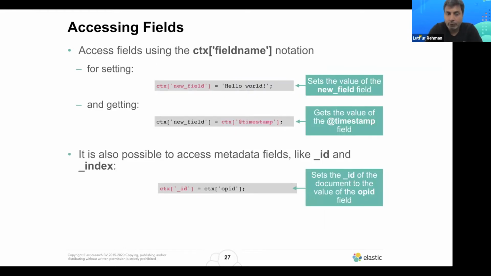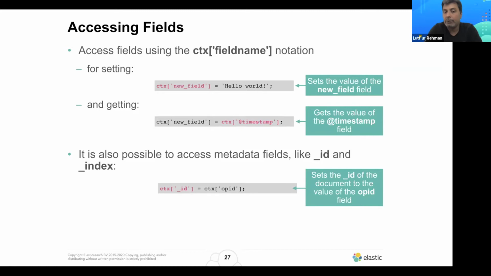In terms of how you can access fields, we're going to be using the ctx field name notation. For setting, like here on the left-hand side, I'm going to set the value of this new field to hello world. So that would be the syntax, ctx, bracket, new_field, and provide the value.